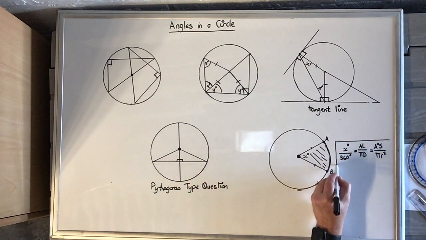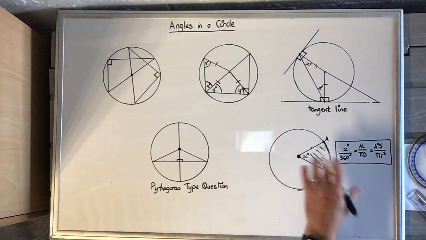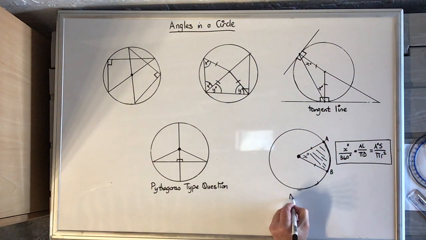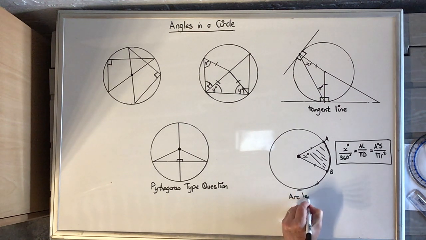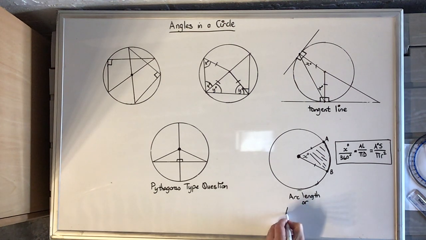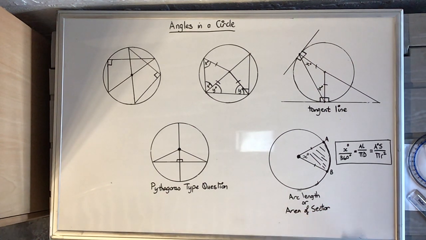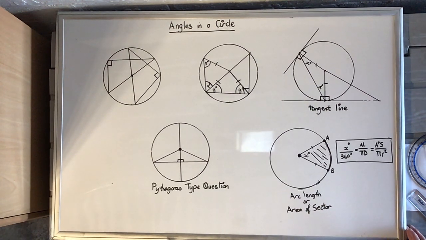And that's something you need to learn from National 5, to do what we call arc length, or area of a sector questions. Okay, so all in all there, that's everything to do with circle at National 5.